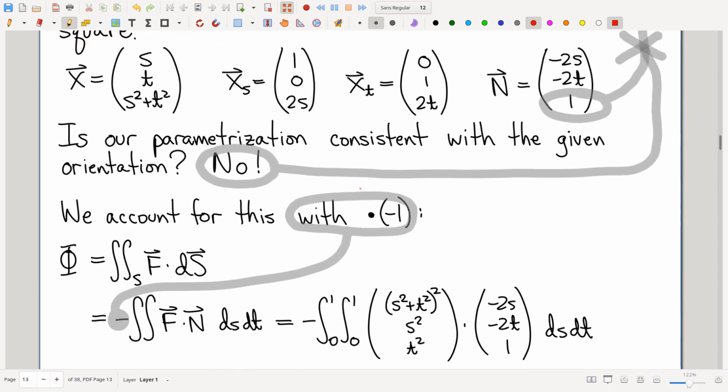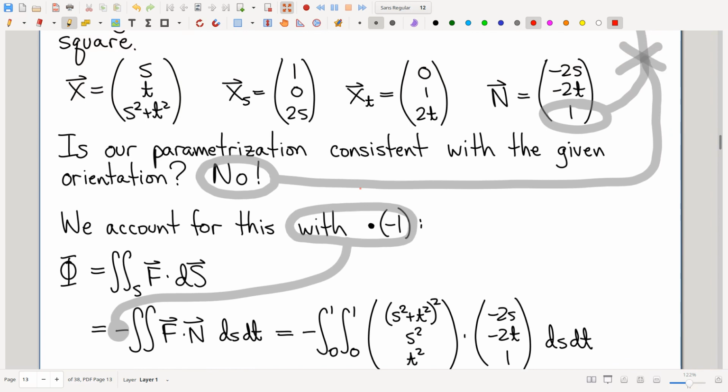We are stuck with certain things. We are stuck with that once you have a parameterization, what the partials are is what it is. That's not negotiable. The partial derivatives are partial derivatives, period. What the cross product is, that's not negotiable. That is explicitly what it is.